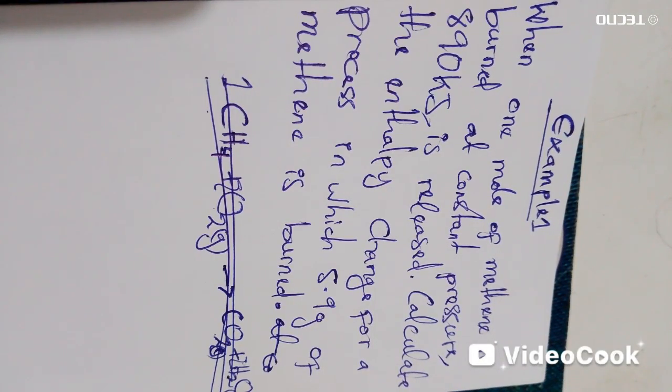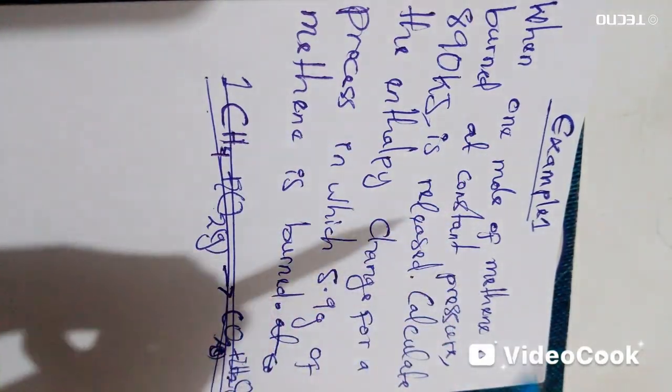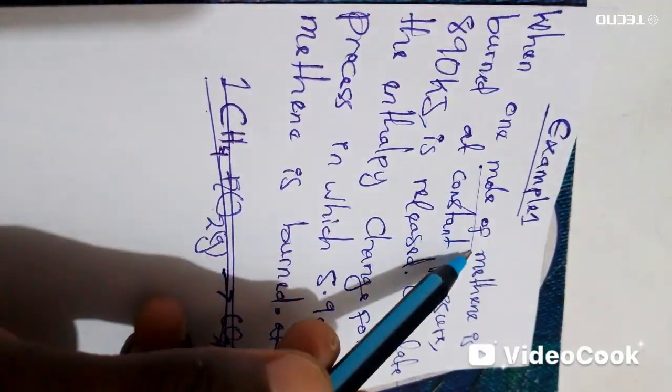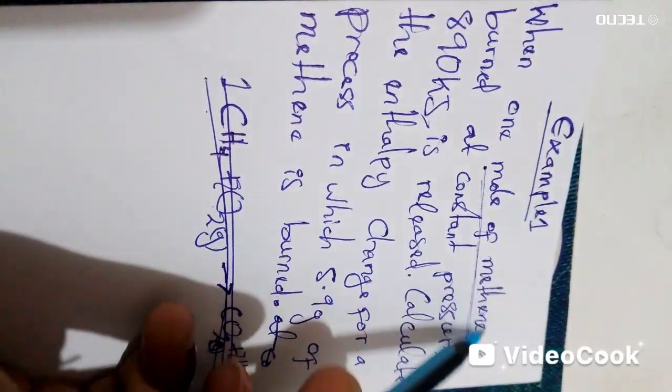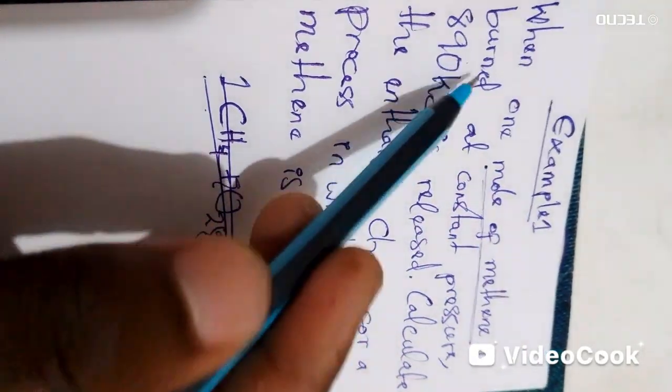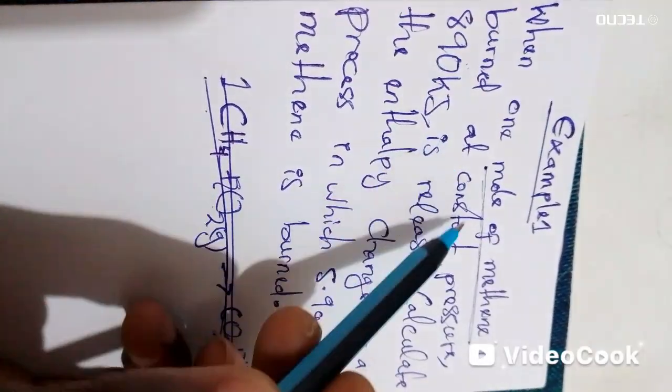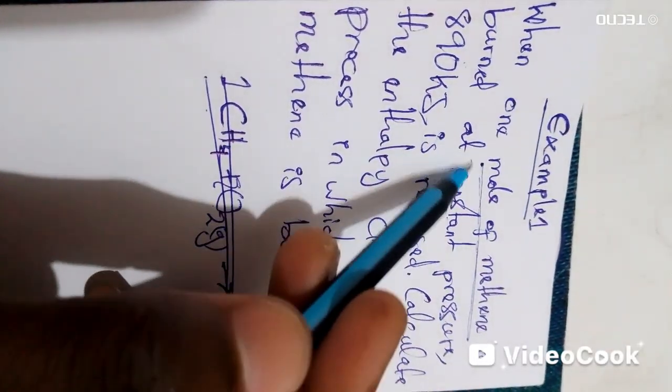Let's first identify the important terms. We have 1 mole of methane, which is burnt at constant pressure.